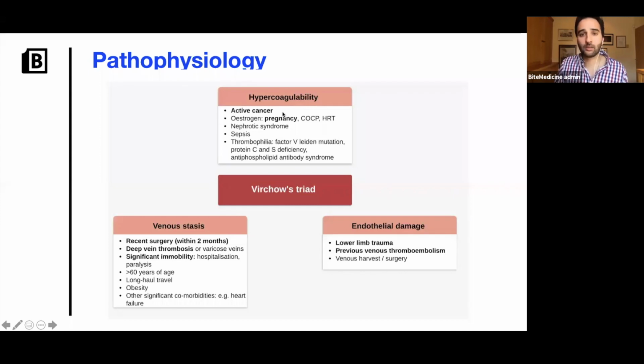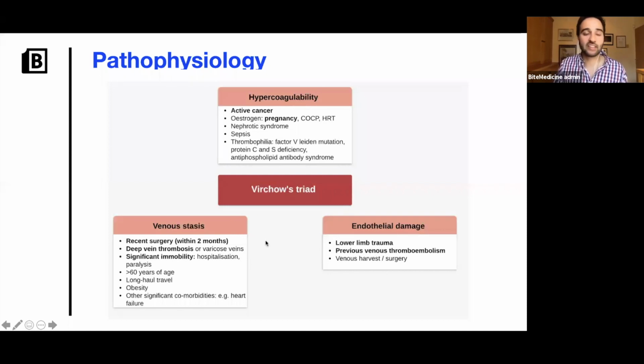So hypercoagulability, things like pregnancy, things like cancer are major risk factors. But then we also need to think about the pill, HRT, so combined oral contraceptive pill, hormone replacement therapy, thrombophilias, those types of things. Things that can cause endothelial damage, so trauma, fractures, previous thromboemboli as well. These are major risk factors.